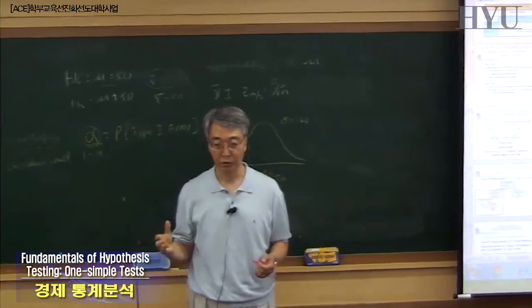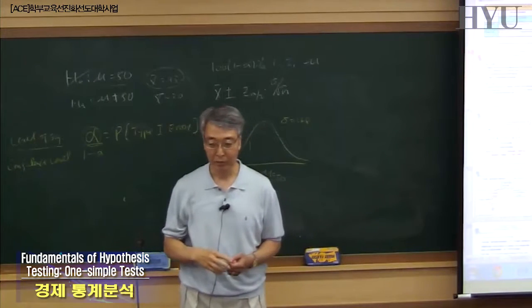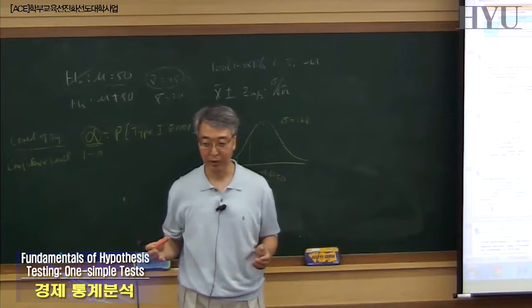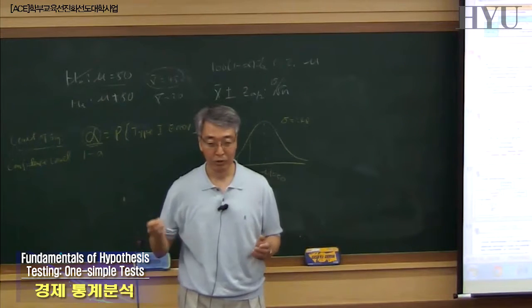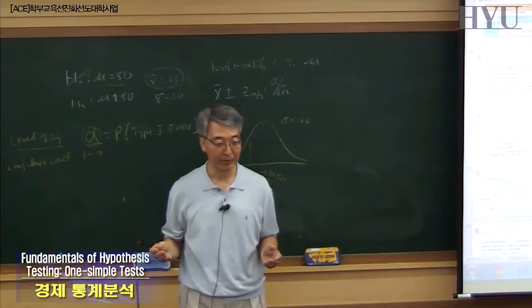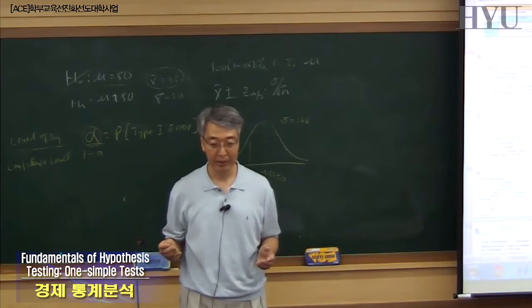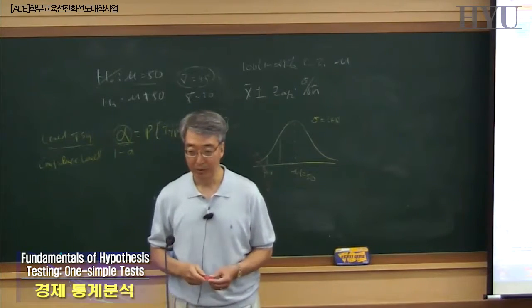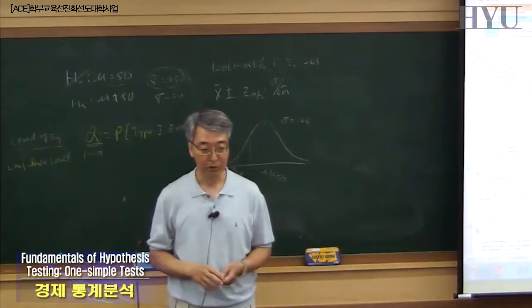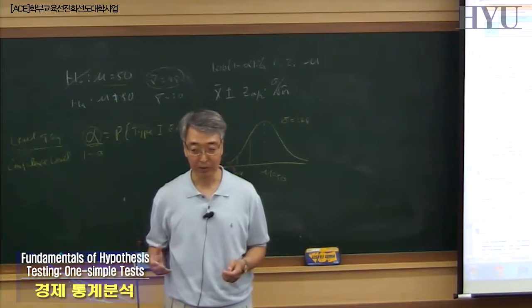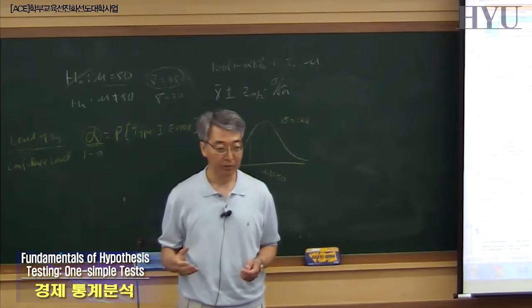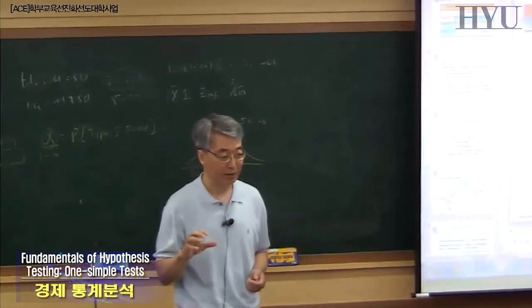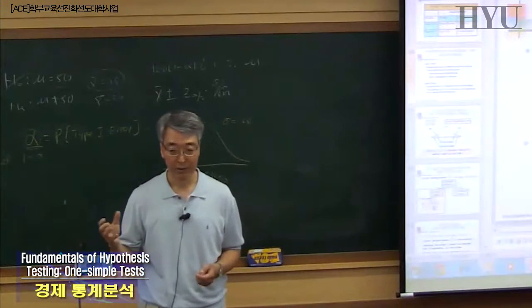Somebody asked you to come up with the population mean in the entire South Korea, and you use this class as a sample. That's a very bad sampling. That's not very representative. First-year college students cannot represent the entire population. So if someone decides to use this class as a sample for the entire population, that's a mistake.